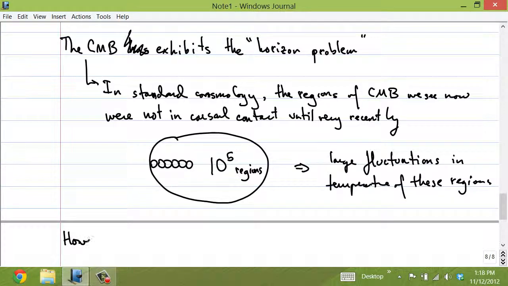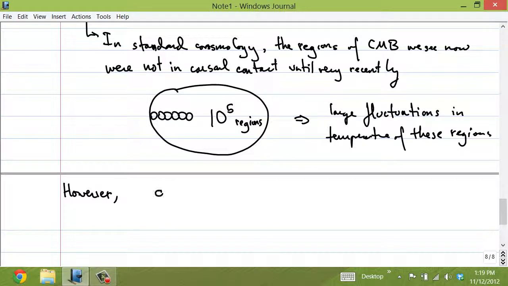However, as was very quickly observed after the discovery of the cosmic microwave background, the variations in the temperature among these different 10 to the 5 regions in the cosmic microwave background have a delta T over T, the variation of the temperature divided by the temperature, that is not of order 1, as you would expect, but is in fact of order 10 to the minus 5. Okay. So it's 5 orders of magnitude too small to be accounted for by our current model of cosmology.